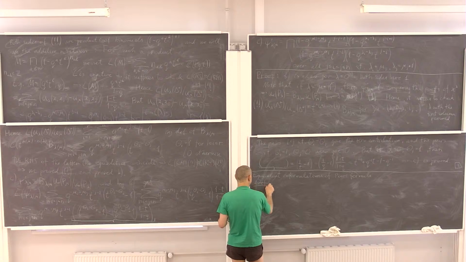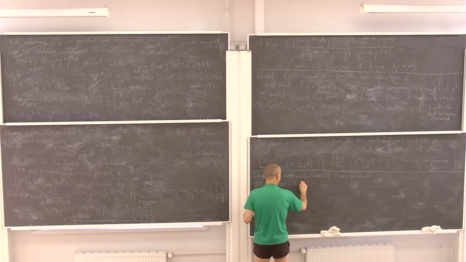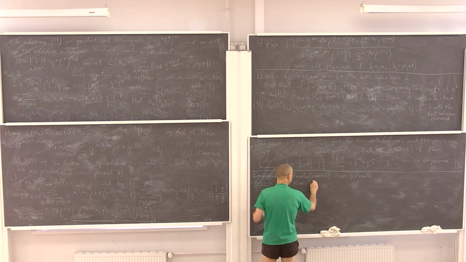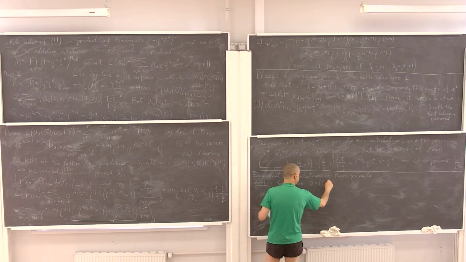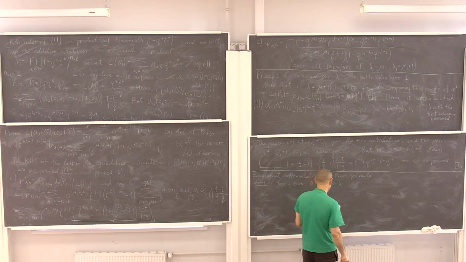So we define for a box S with coordinates i j in the Young diagram of lambda.